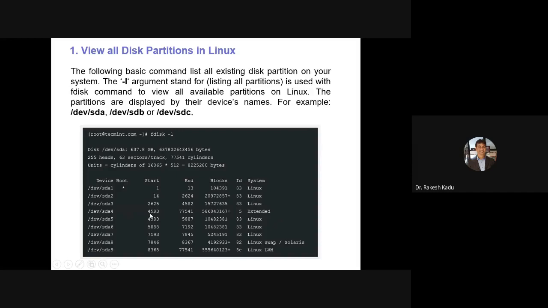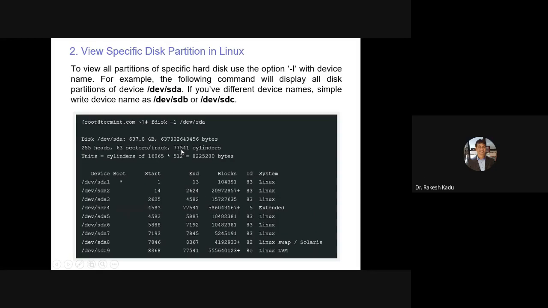This is the last cylinder of this particular physical storage, that is 77,541. You can see here, ये आखिरी है 77,541. और जैसे एक्सटेंडेड पार्टीशन को सारी स्पेस असाइन कर दी, जब हमने next logical partition बना SDA 5, तो कहां से बना है, 4583. ओके, और वो कहां पे खत्म हो रहा है, 5887.